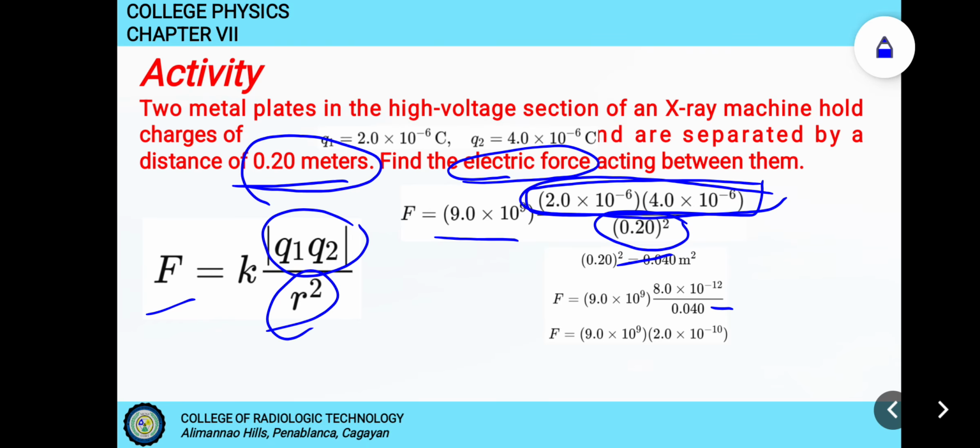Since nakuha na po natin ang sagot dito, class, we can now multiply these things here: the K, the Coulomb's constant, and the quotient between our Q sub 1 and Q sub 2 over our distance, or the r squared. So that will give us a force of 1.8 Newton.